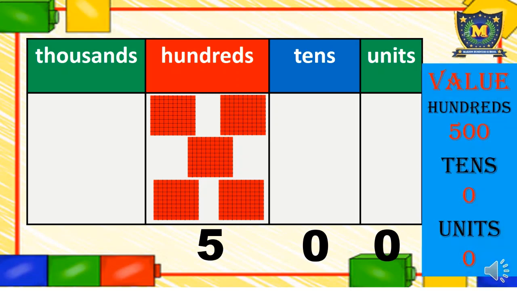For units, we have 0. Same with tens. And for the hundreds place, since we have 5 flats, the value for 5 flats is 500. You only skip count hundreds: 100, 200, 300, 400, 500. So 5 flats is equal to 500. Again, the value for 5 flats is 500.